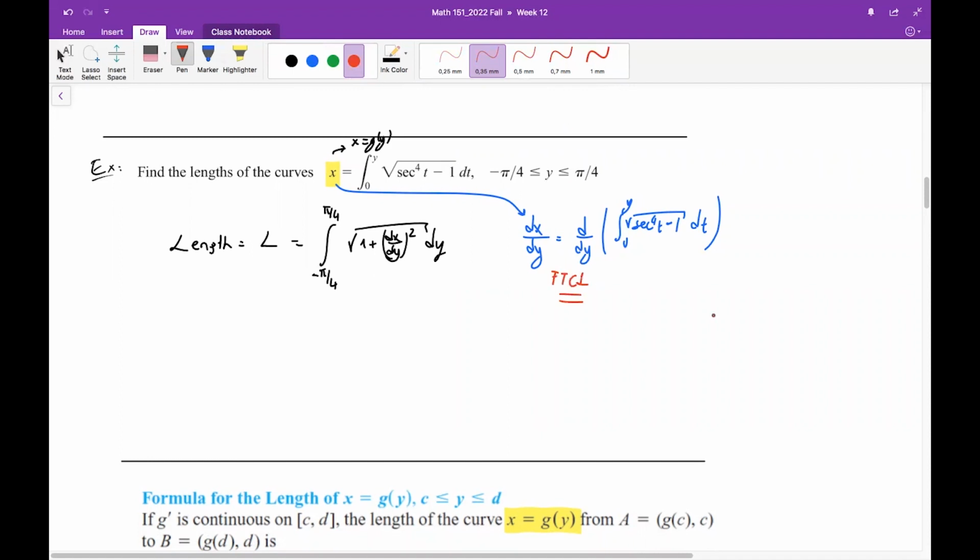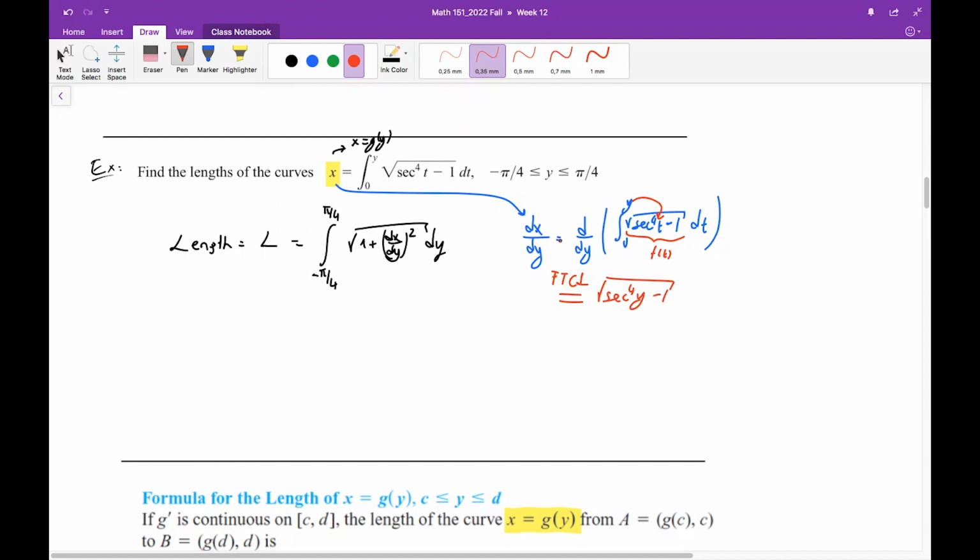The fundamental theorem of calculus part 1. All you need to do is to insert this variable for the variable t here, where this is your function f of t. So the result is directly f of y, where y is inserted for t there. So this is the square root of secant to the power 4 y minus 1, okay?